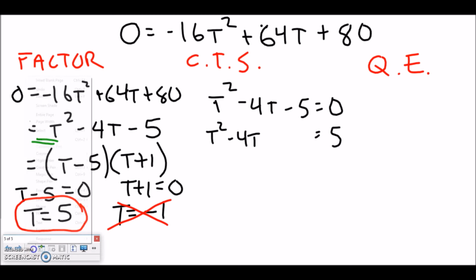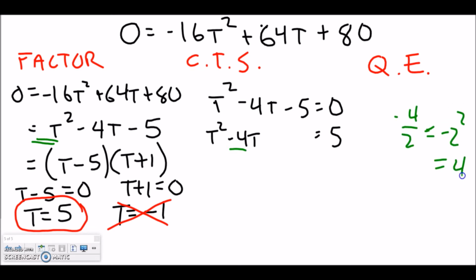Now, off to the side, you took negative 4, your b term, divided by 2, that's negative 2. You squared that, that equals 4, so you added a 4 to both sides. The left side factors to (t minus 2) squared equals 9.